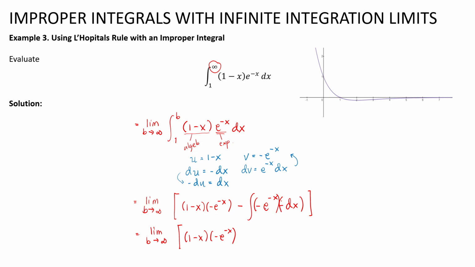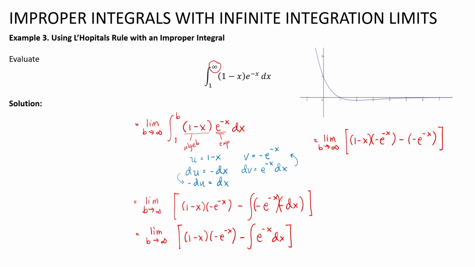So minus minus minus, 3 minus signs, it is still minus, then e raised to negative x dx. So integrating further, this now becomes the limit as b approaches infinity, then 1 minus x times negative e raised to the power of negative x. So this is minus, then the integral of e raised to negative x dx, that is negative e raised to negative x for the integral.